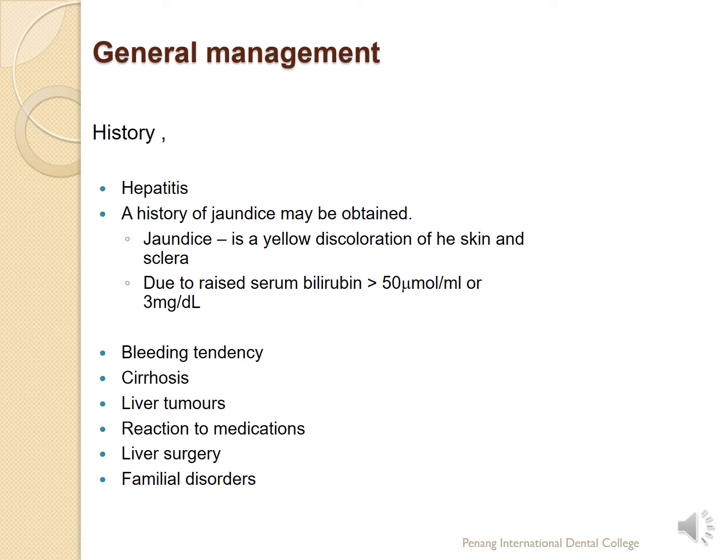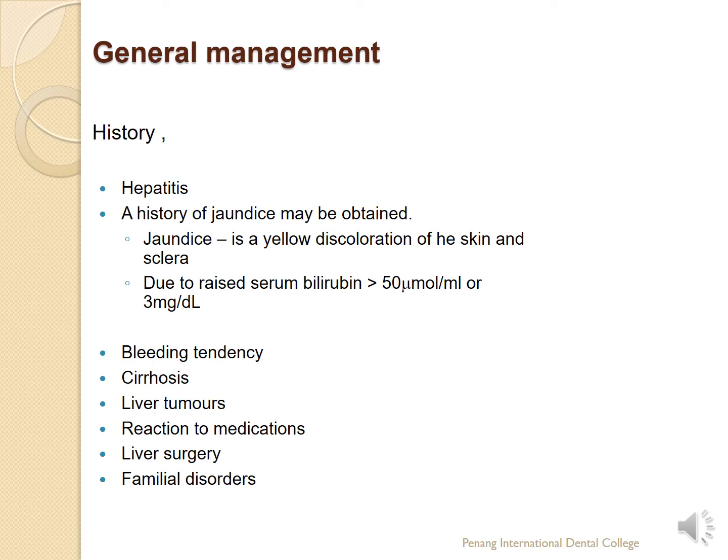Regarding the general management, how will you know whether the patient has a hepatic disorder or not? The patient himself will tell you a history of jaundice. Jaundice means yellowish discoloration, right? Yellowish discoloration of the skin and sclera is called jaundice, and when the sclera has become yellow, it is called icterus.